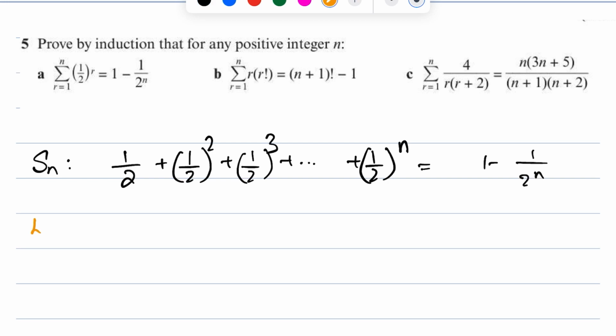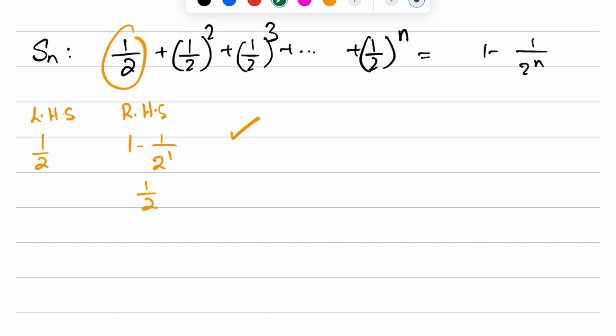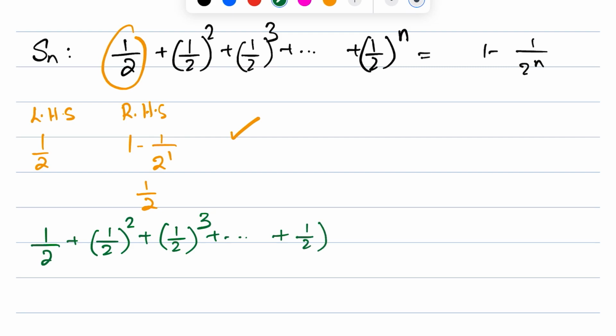So I take the left hand side for n equals 1, it is 1 upon 2; right hand side 1 minus 1 upon 2 power 1, which is 1 upon 2. So the statement is true for n equals 1. Now let us assume that the statement is true for n equals k: 1 upon 2 plus (1 upon 2) whole square plus and so on plus (1 upon 2) to the power k equals 1 minus 1 upon 2 power k.